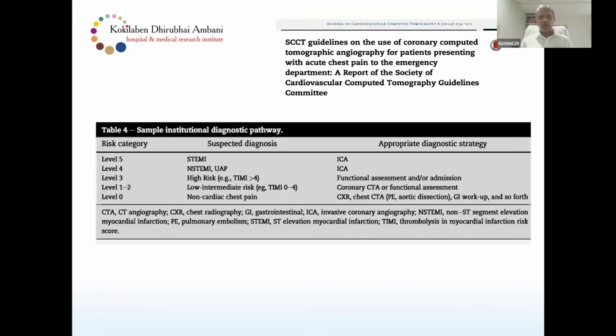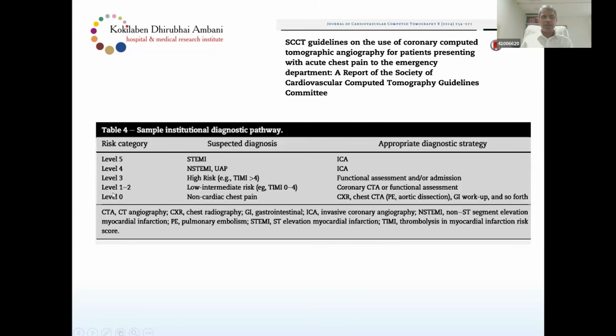So these are the Society of Cardiovascular CT guidelines, which say that if the risk category is high, and if the patient is already having STEMI or non-STEMI, then they should undergo invasive coronary angiography.